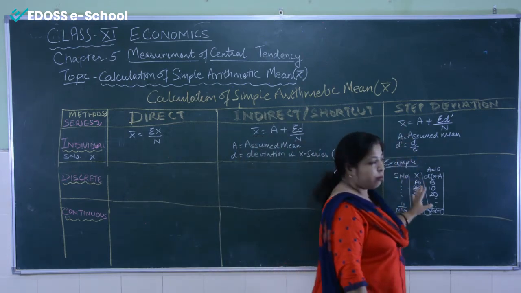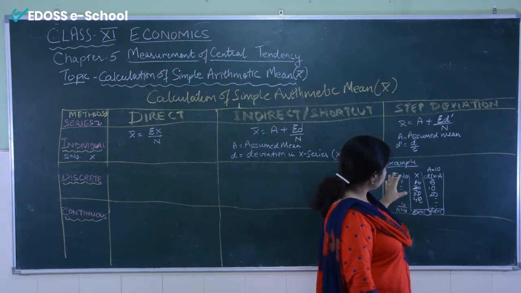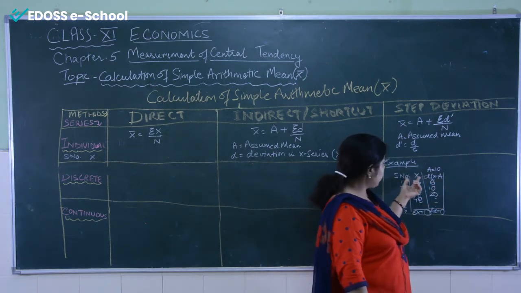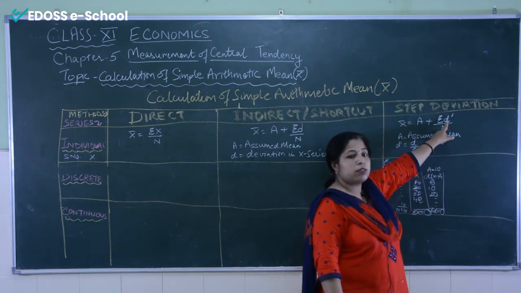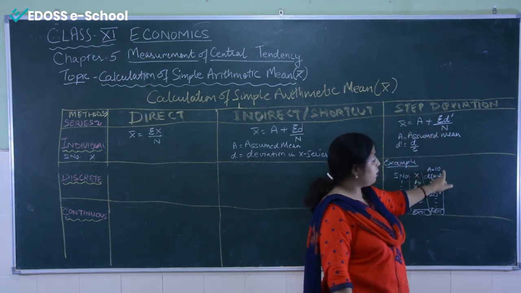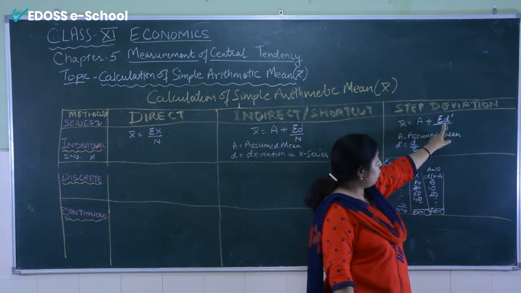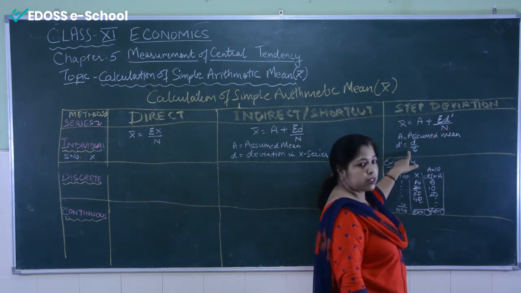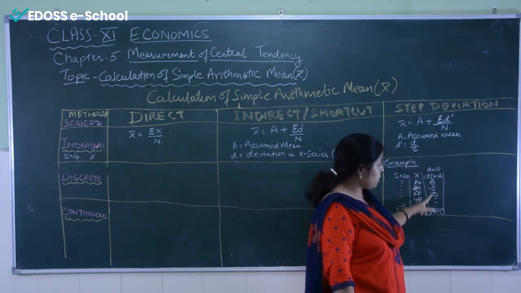Coming to the third one, that is the step deviation method. In this, the data is similar. We will get serial number and X, then we will create D because we want summation D here. Now A is 10, we have assumed it. Summation D dash we want. For D dash, the formula is D upon C. So D is this.